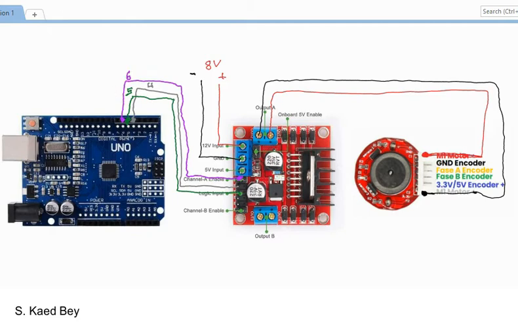Now let's wire the power supply for the encoder. And 3.3 volt.